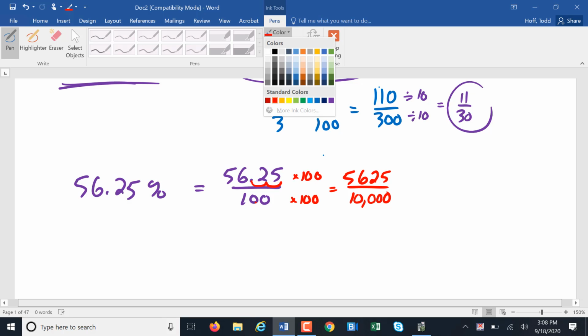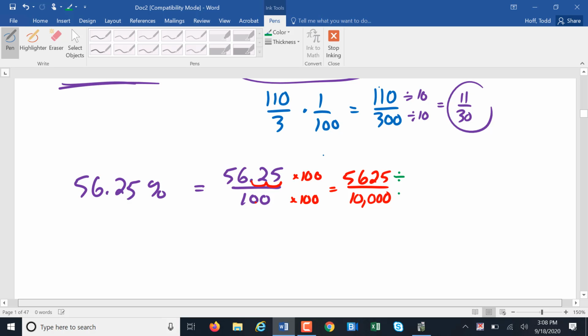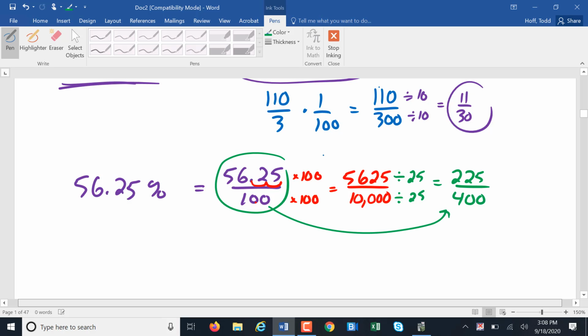Now it's going to be a little bit ugly to reduce. Both of those can be divided by 5 or 25. There we go. We divide by 25, that is 225 over 400. If we'd have multiplied by 4, we would have skipped right to that step. It would have saved us a little bit of work.